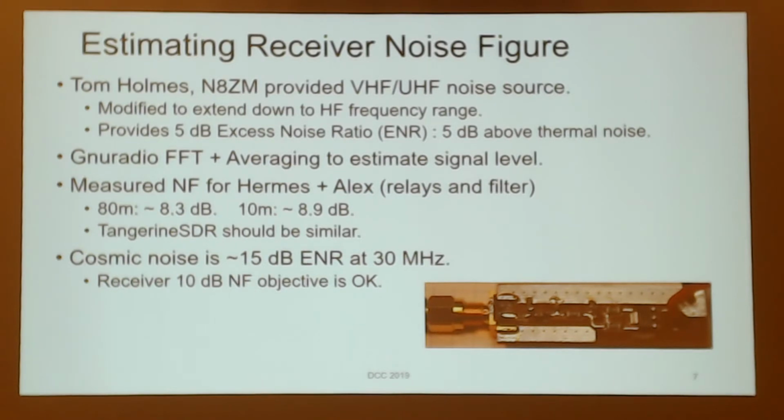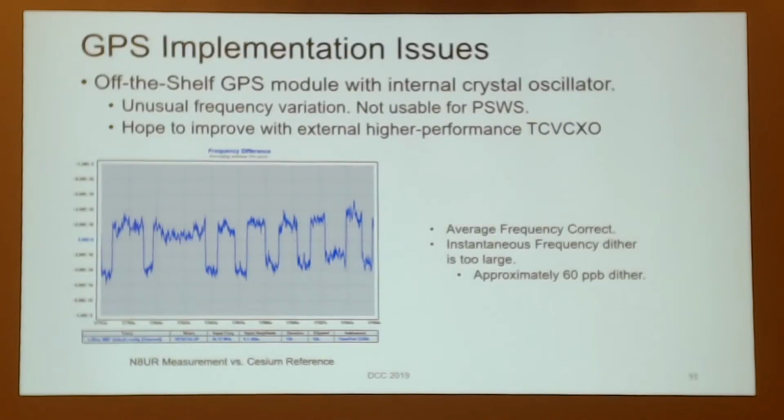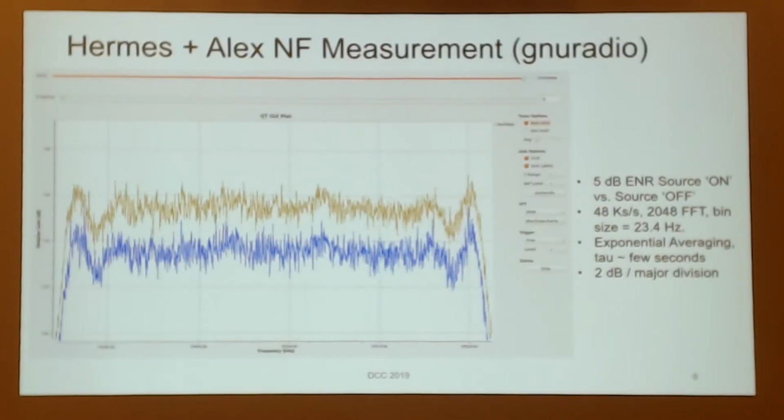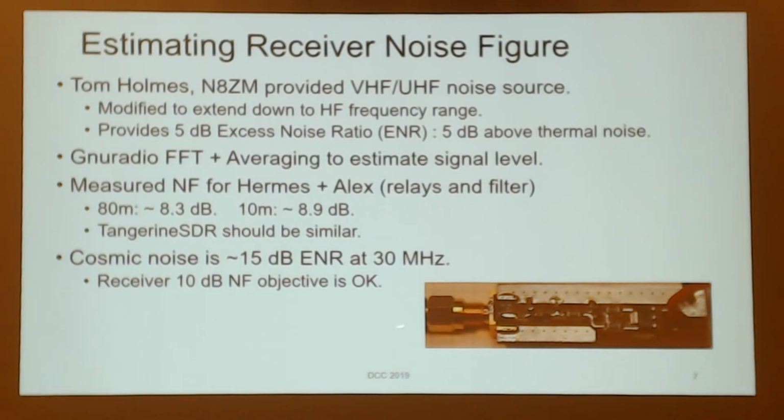Tom Holmes, who was not able to attend DCC, provided this module, which was developed by the Midwest VHF-UHF Society, and it provides a 5 dB excess noise ratio, which is 5 dB above thermal noise, over the VHF and UHF frequency range.